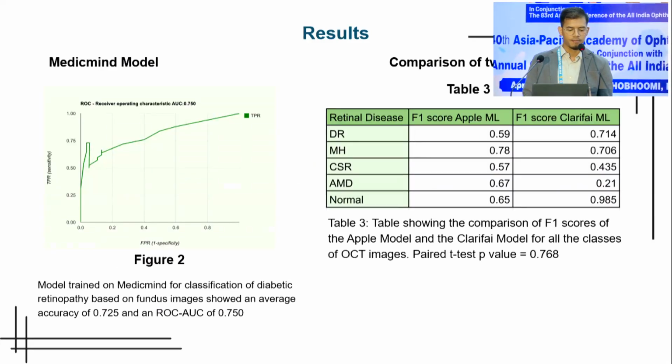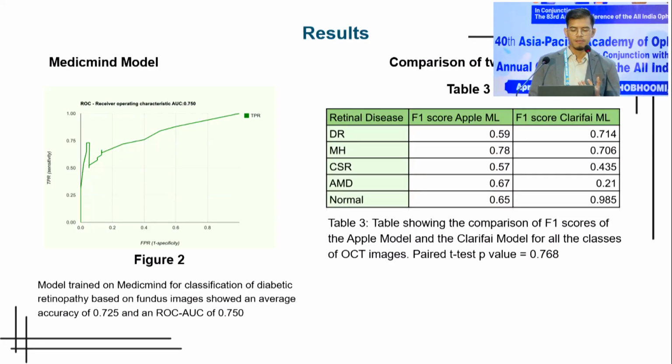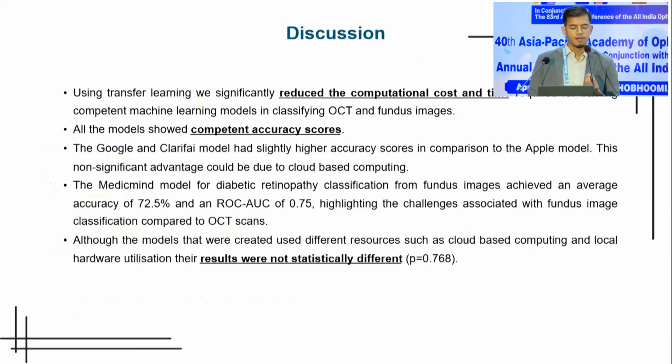Coming to the MedicMind model, which was used to classify diabetic retinopathy images, it had an average accuracy of 0.72 and an ROC curve area of 0.75. Now we also compared the models between Apple and Clarify, and it had a t-test p-value of 0.768, which was not significant. Using transfer learning, we significantly reduced the computational cost and time that was required.